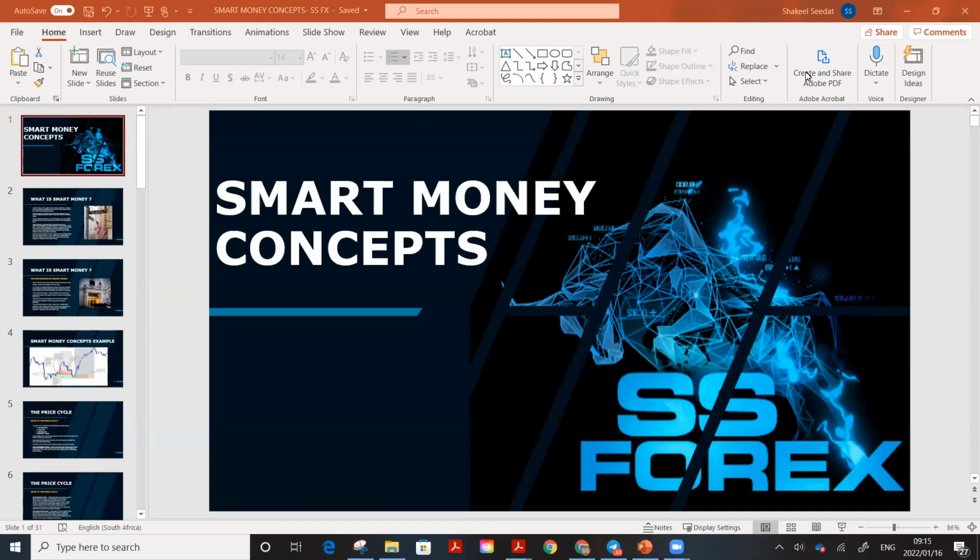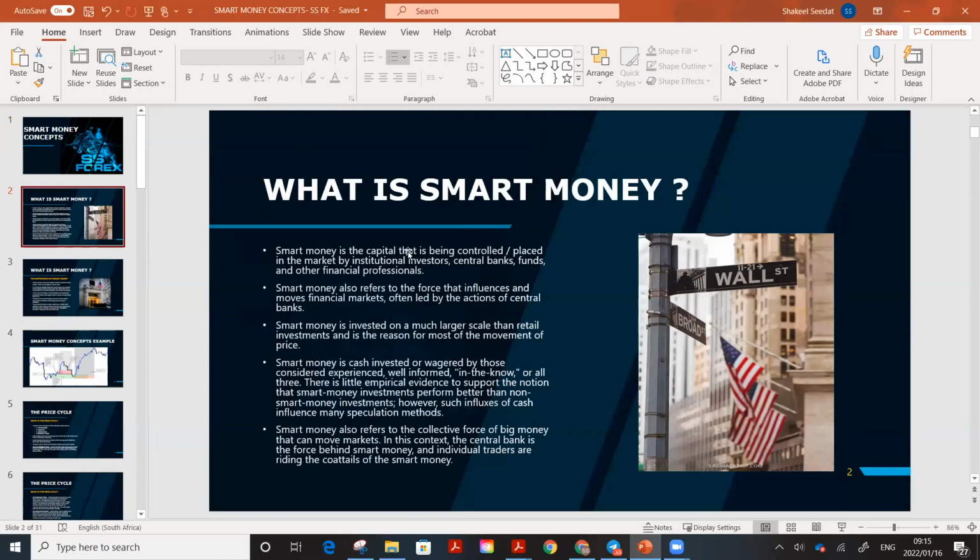So in today's lesson, we're going to go over smart money concepts and what exactly smart money is. Smart money is capital that is being controlled or placed in the market by institutional investors, central banks, funds, and other financial professionals.